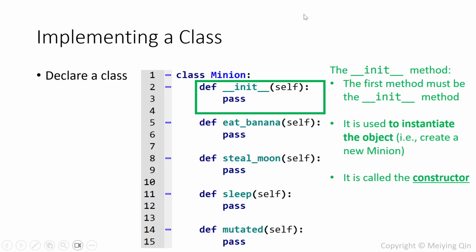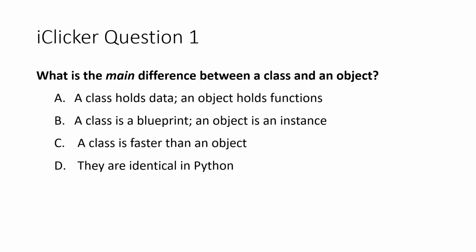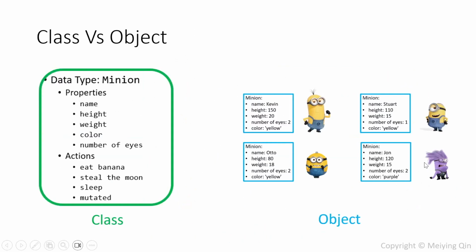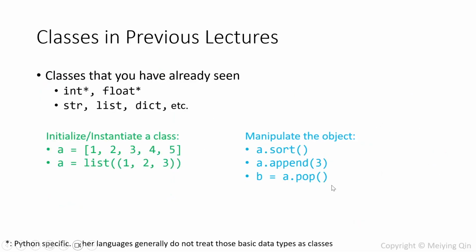And then we have to define the properties. What were the properties of the minions? Number of eyes, color, name, weight, height, and so on. These are what we discussed here. So this was our blueprint. This is our class where we define the properties and actions. These are instances of our class, which are different minions, which are also our objects.